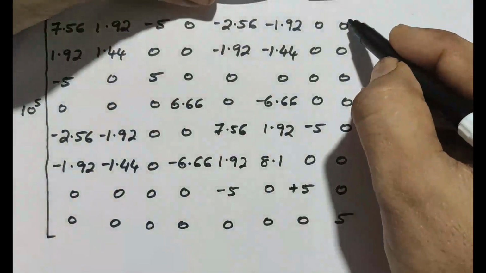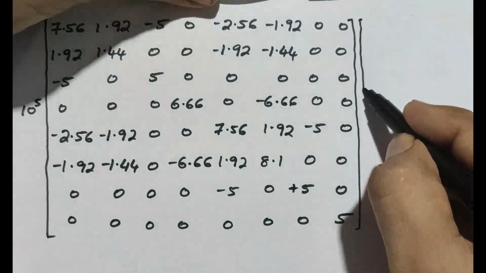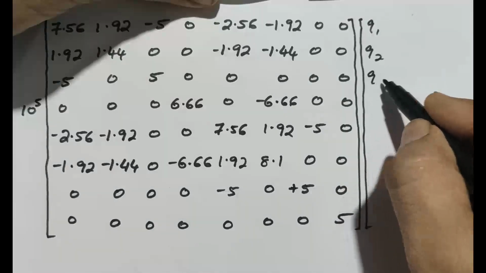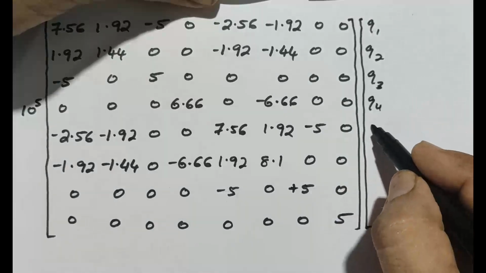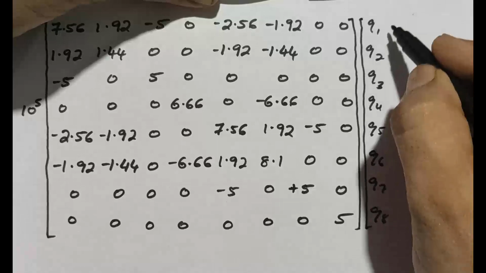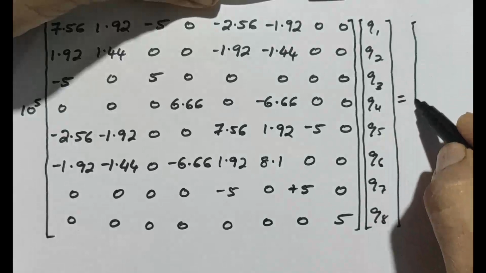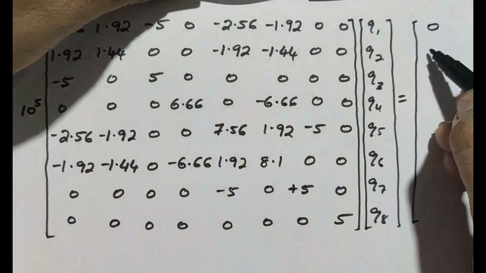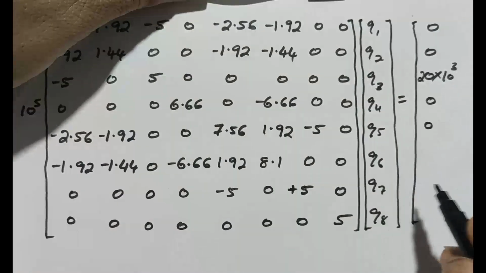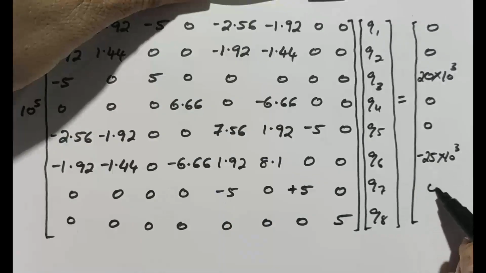This is K into Q, that is Q1, Q2, Q3, Q4, Q5, Q6, Q7, Q8, is equal to F. It is 0, 0, 20 into 10 power 3, 0, 0, minus 25 into 10 power 3, 0, 0.